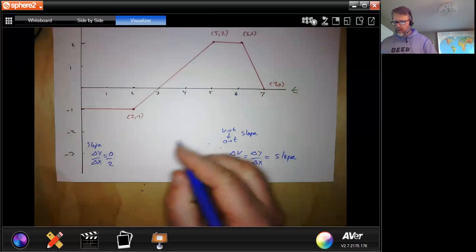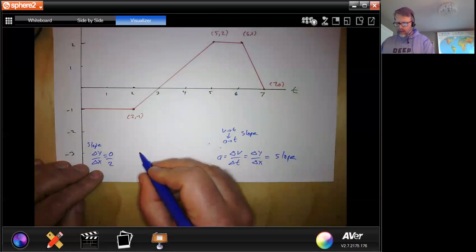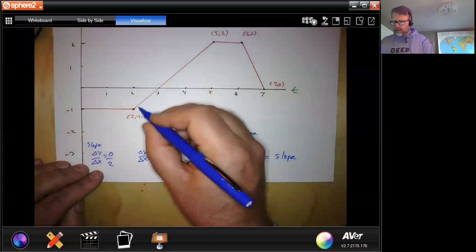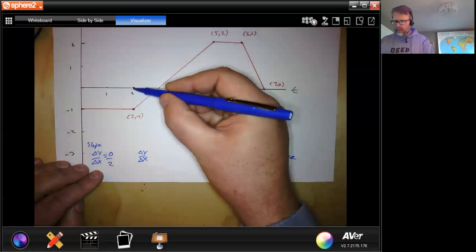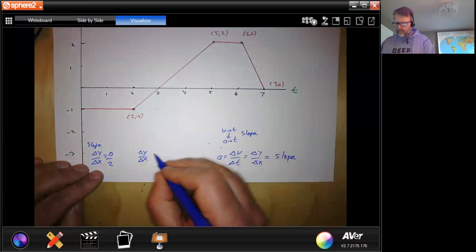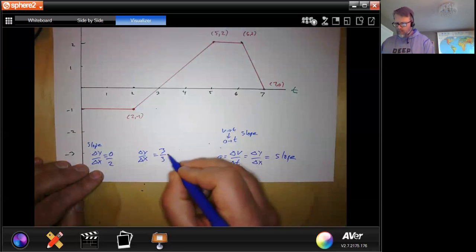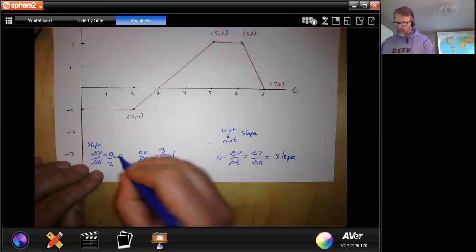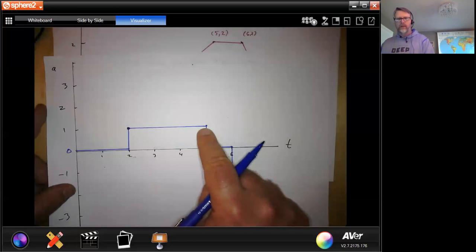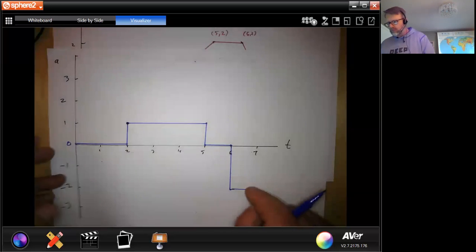Over here, we're just going to keep doing the same equation every time. It increased 1, 2, 3, and it went over 1, 2, 3. So we saw for that entire length of the line, the slope was constant.